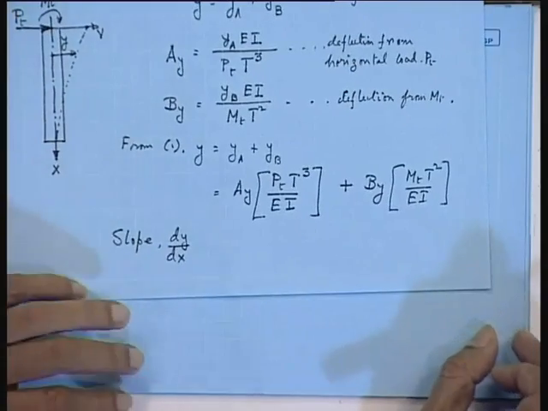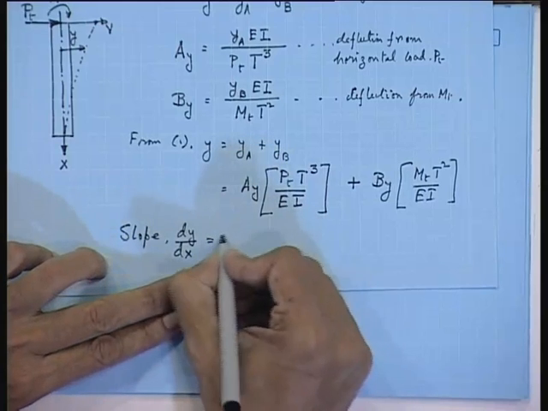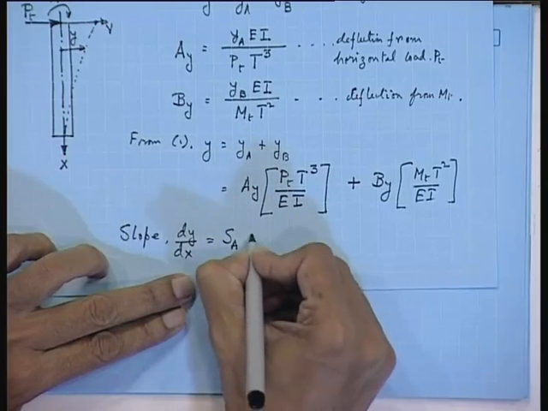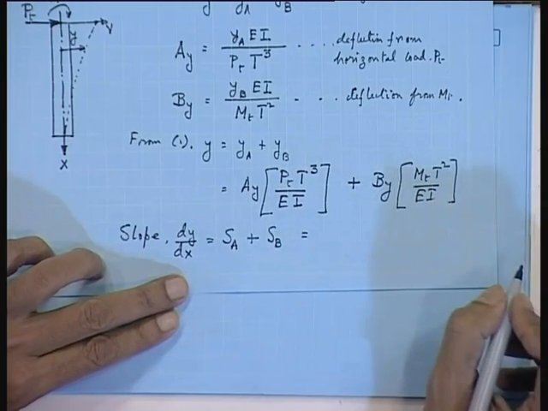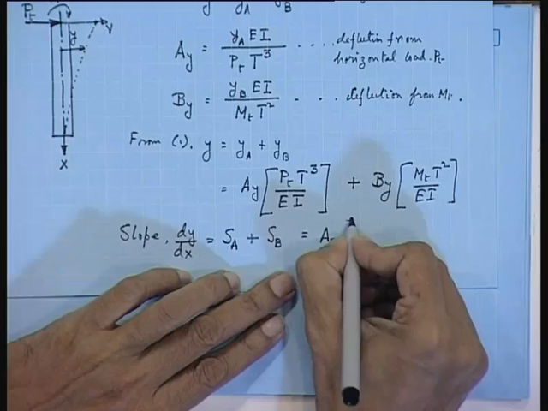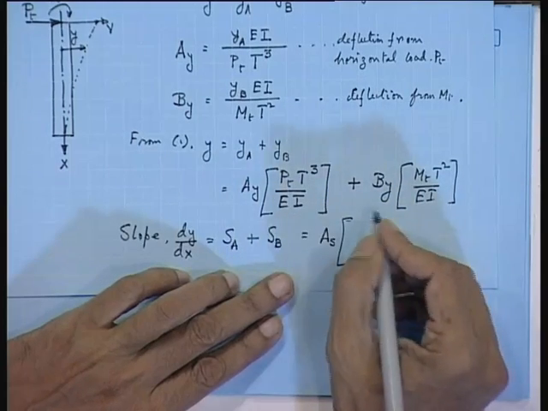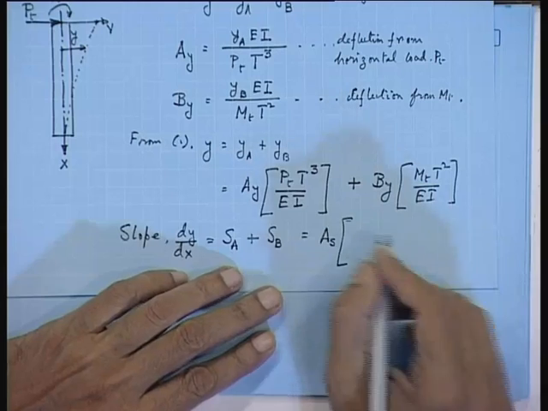So, dy by dx, you write this, the slope that is coming from the horizontal load plus the slope that is coming from the moment. You differentiate this. Now, you will get a coefficient As multiplied by T square, and you keep all the coefficients outside and collect it in As.